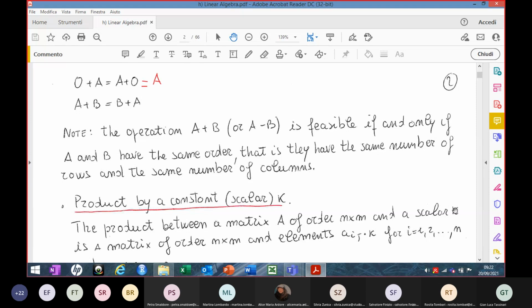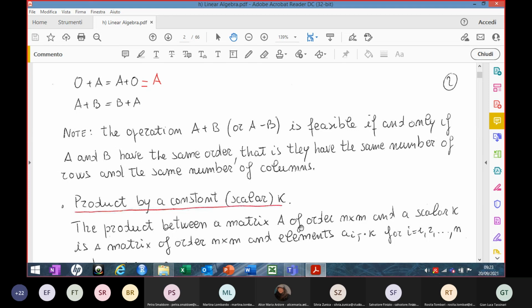Scalar k means simply a number. The result is another matrix having the same dimension as A, whose elements are all equal to the elements of your original matrix A times k.